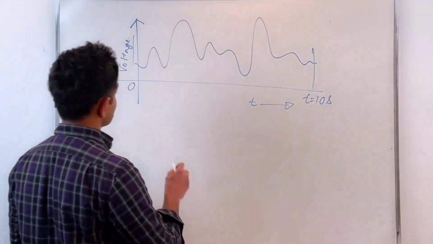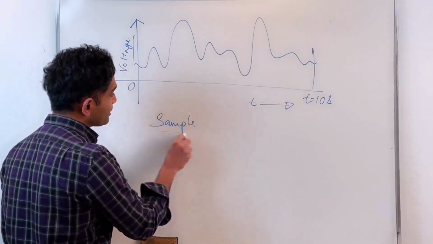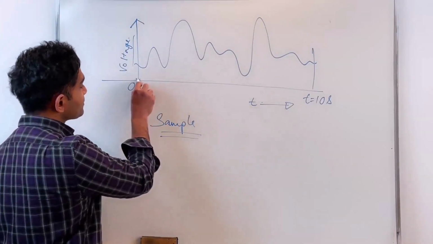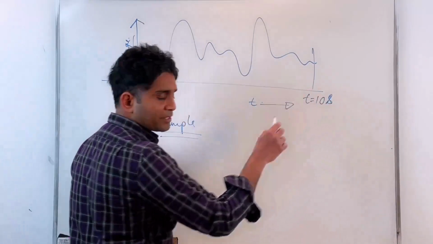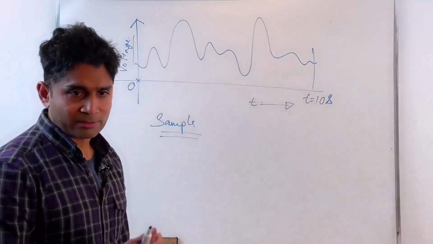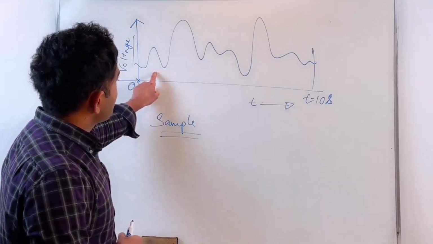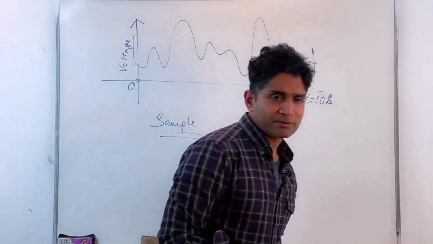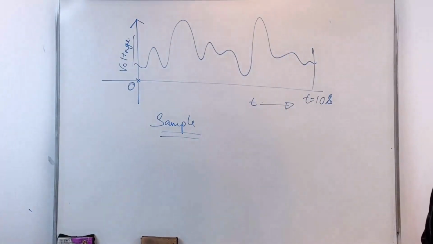Why do we need to do that? Sample. You're right. We need to sample it because if you think about this, even a segment between 0 to 10 seconds is a continuously varying signal. How many points would you have there if I want to store all this signal in a device? Infinite, right?